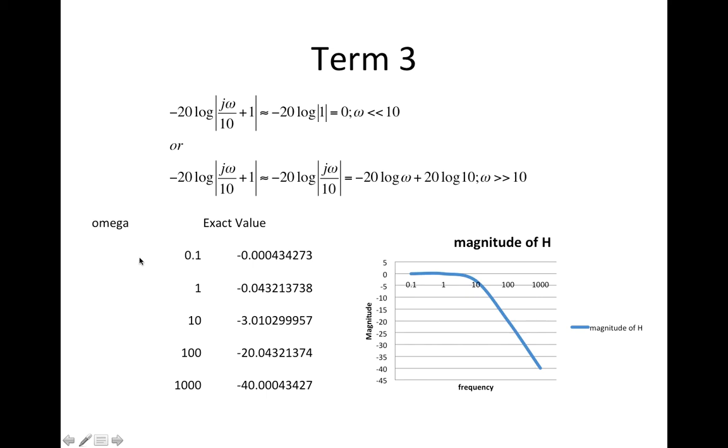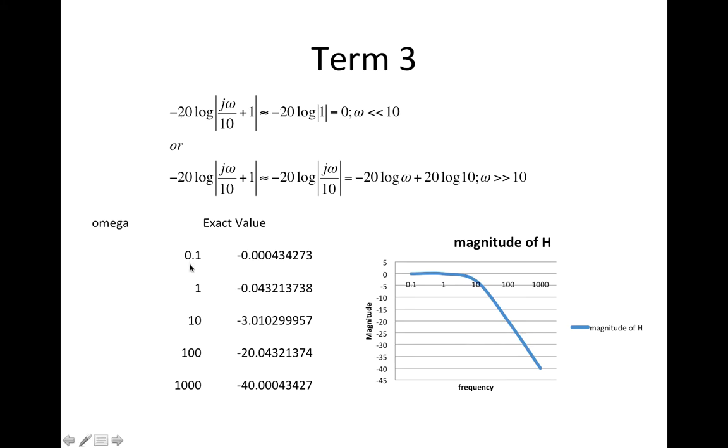Now what I've done in this table below is I've taken the original expression right here, and I've basically used the formula for the magnitude. So remember, the magnitude is the square root of the real part squared plus the imaginary part squared. If you do that, and then you take the log of whatever you get, and you multiply that by minus 20, you've actually created an exact value.